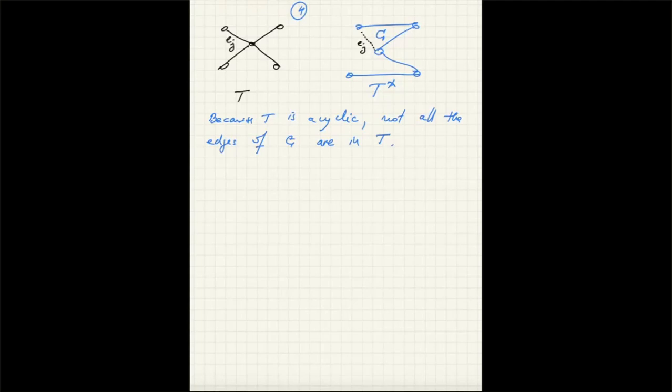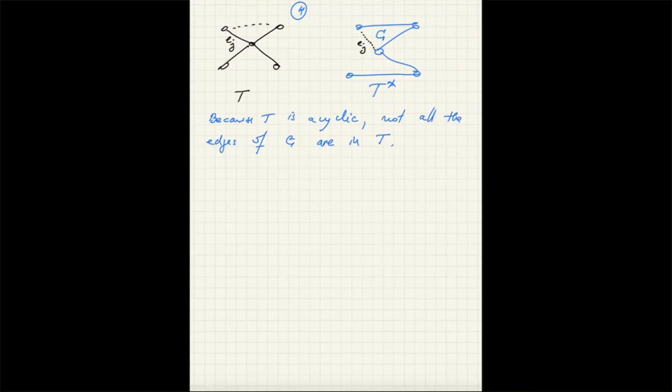On the left, there is this pair here, which is adjacent in T star but is not adjacent in T. There's no edge here.